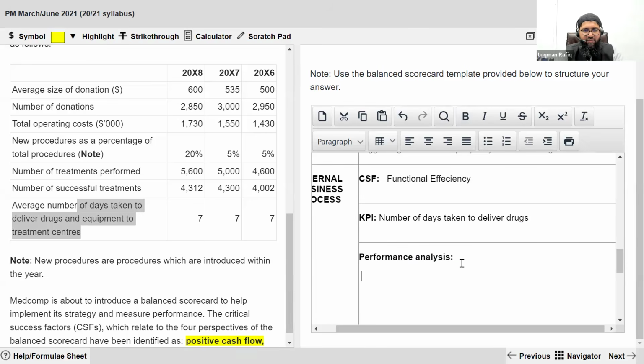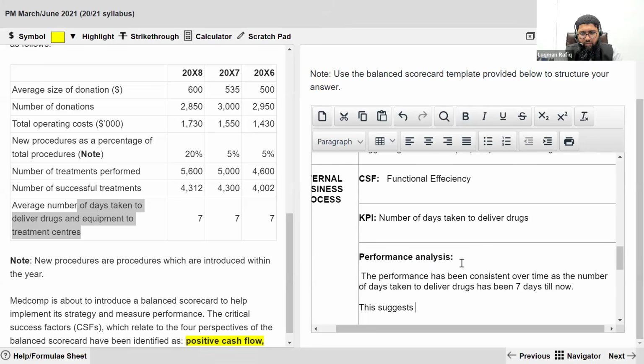So the performance analysis is that the performance has been consistent over time, as the number of days taken to deliver drugs has been 7 days till now. This suggests that the entity has been able to manage its delivery time.